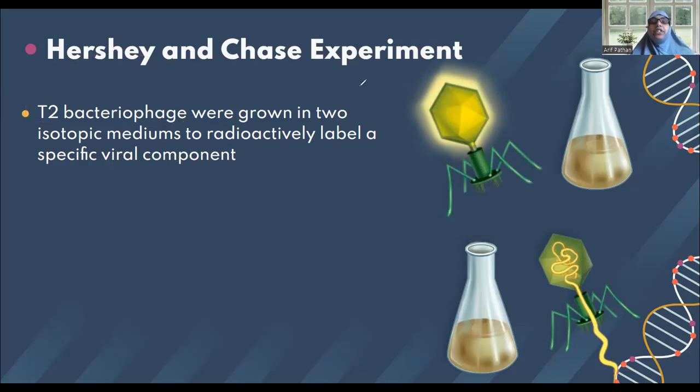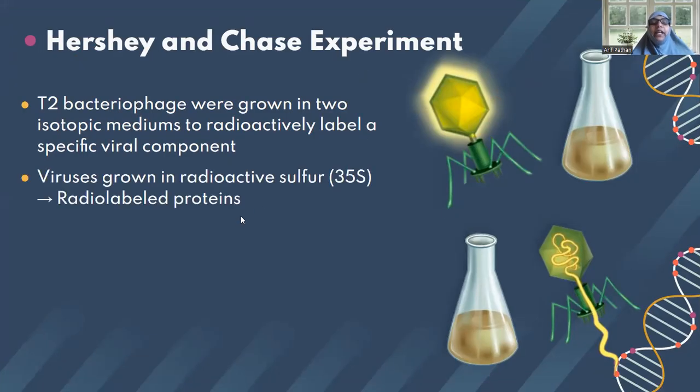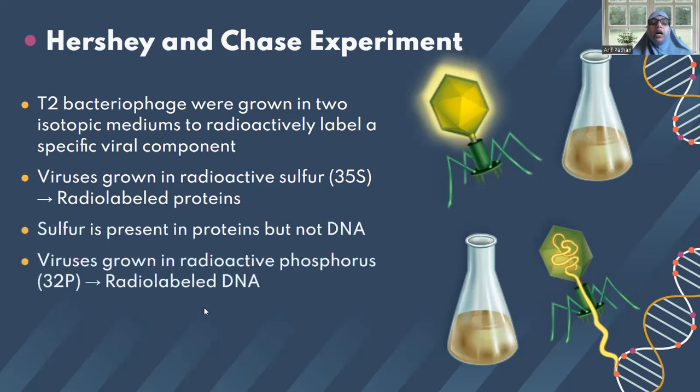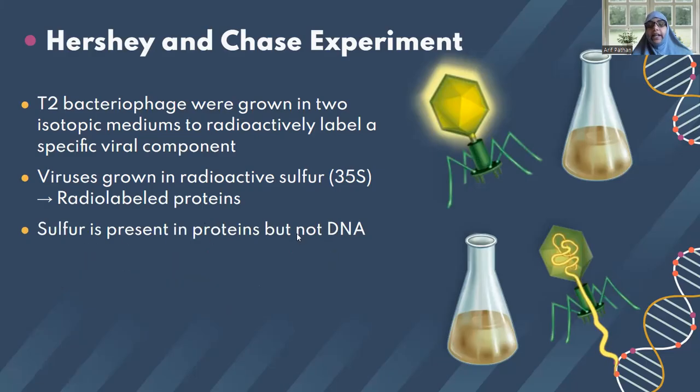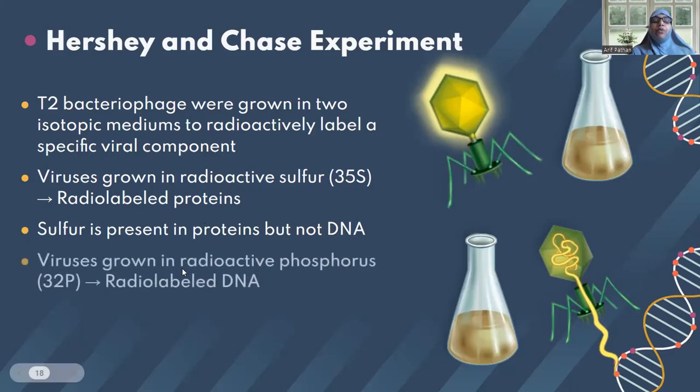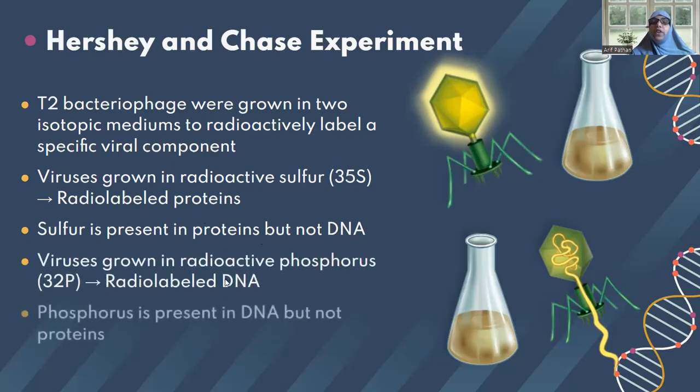So Hershey and Chase took two different setups. In one setup, they grew viruses in radioactive sulfur, and in another setup, they grew viruses in radioactive phosphorus. Sulfur is present in proteins but not in DNA, right? And phosphorus is present in DNA but not in protein.